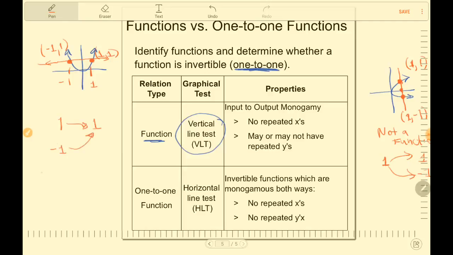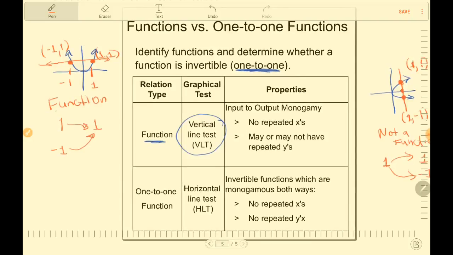All right, so in this case, we have repeated y values, or 2 x values to the same y. So that is okay. This is a function. It's a function because remember it passed the vertical line test. However, it is not one-to-one though, because it's not monogamous in both directions. Okay, so the vertical line test tells you if it's a function, the horizontal line test tells you if it's one-to-one.